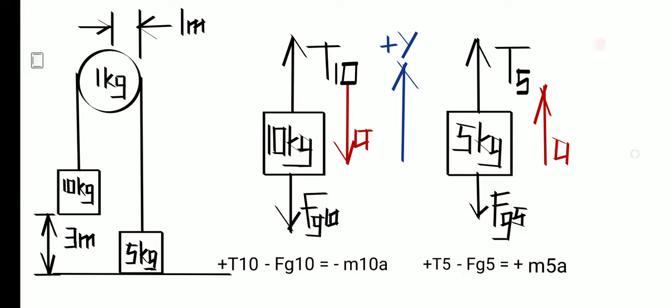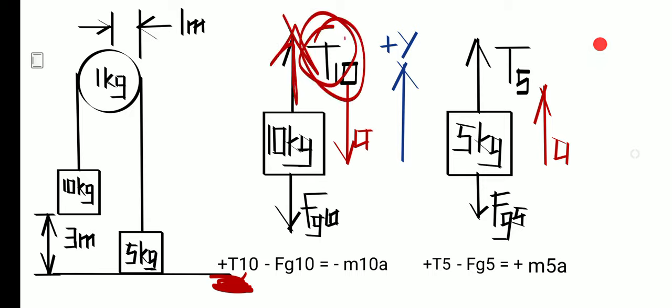Okay, so when we write down everything, I put in pluses and minuses. Usually when the plus is in front of a number or a variable, you don't put it unless it's between two terms. But this time I did it so you can see positive and negative directions. So with the 10-kilogram block, we have plus T10, because T10 is going in the positive Y direction. FG is minus because it's going in the negative Y direction.